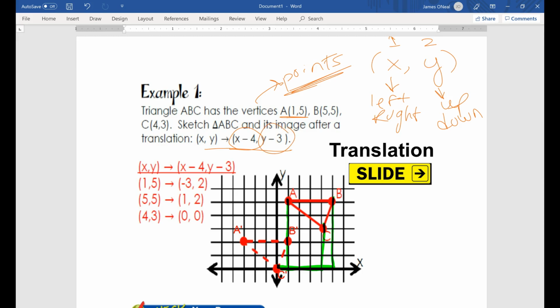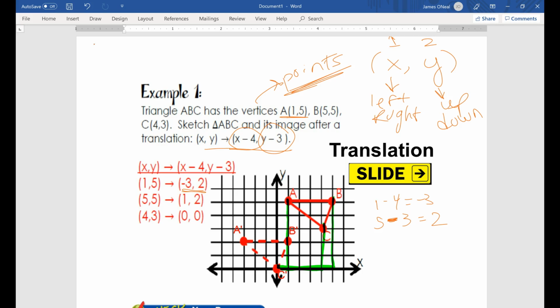So if I do my math, 1 minus 4 is negative 3. And then 5 minus 3 is 2. Okay, so that's how we get negative 3, 2.